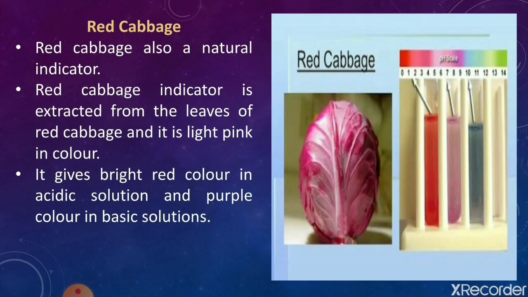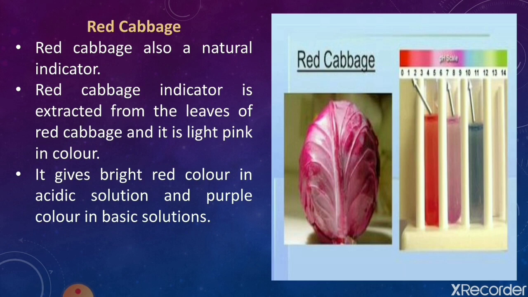Now our next type of natural indicator is red cabbage. Red cabbage also, all of you know red cabbage. So red cabbage is also a natural indicator. We can make this indicator by taking a few leaves of red cabbage. We keep the red cabbage leaves in water, and again we have to boil it. Same procedure as we did in the case of China rose.